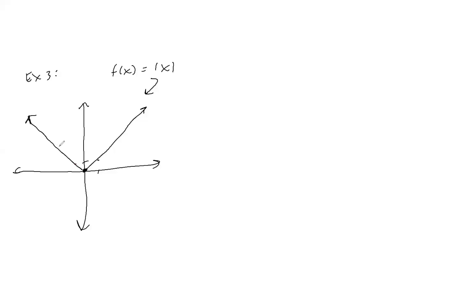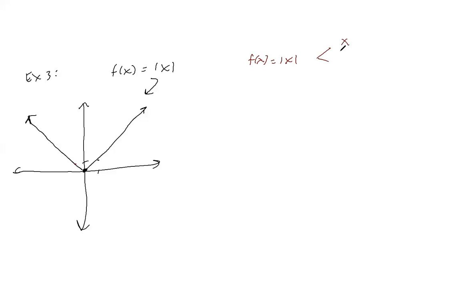I know that because this is a line, of course, and this line is defined by just f of x equals x. But in addition to that, we have to remember that an absolute value function, right, is actually a type of piecewise function, right? F of x equals the absolute value of x is really defined by a piecewise function.